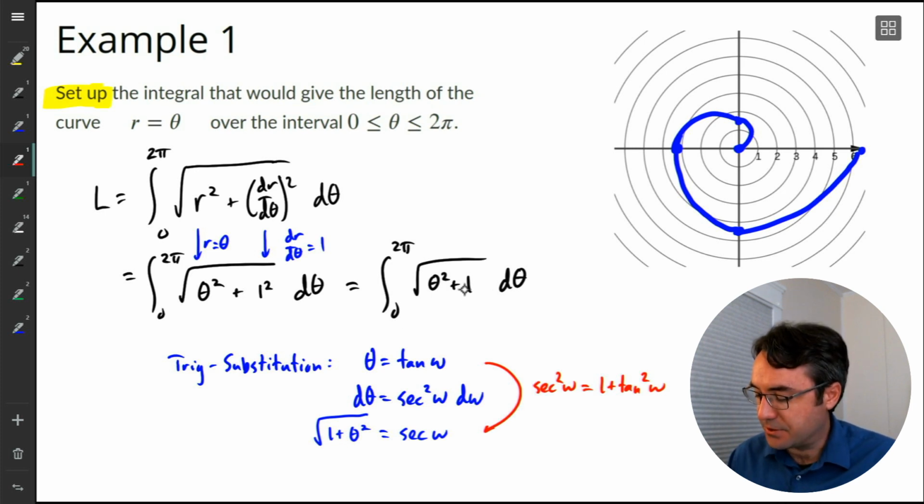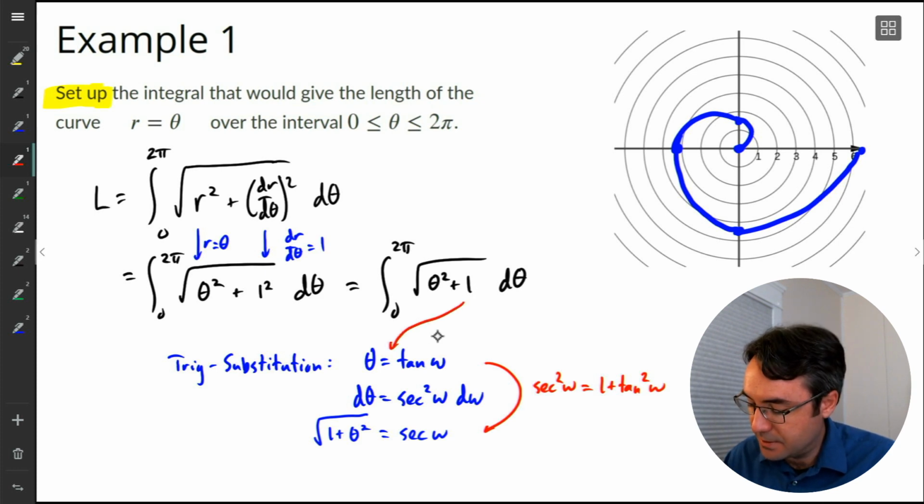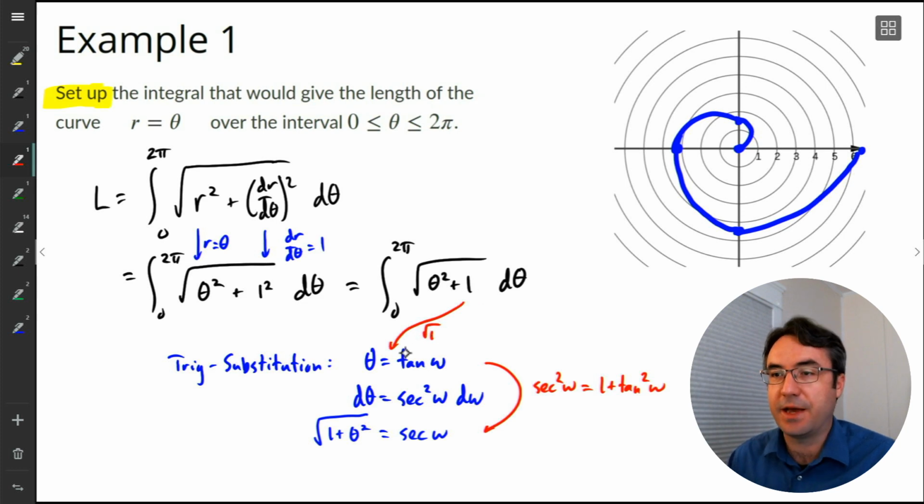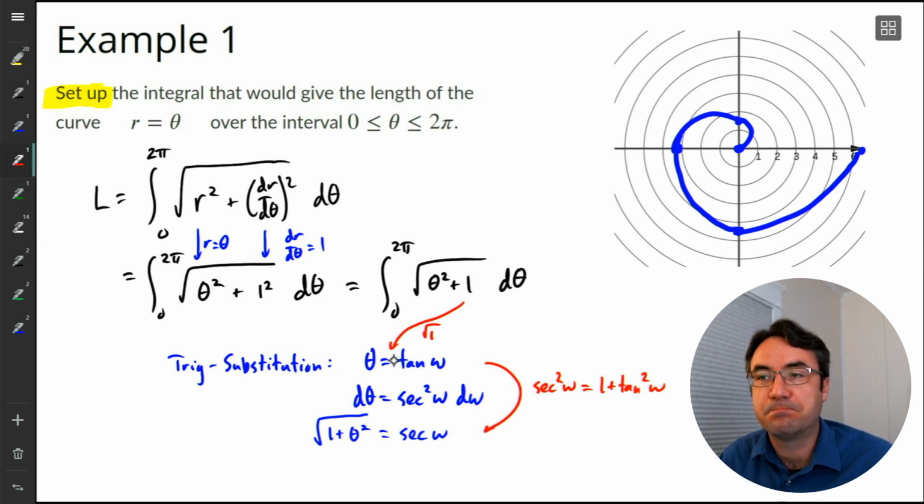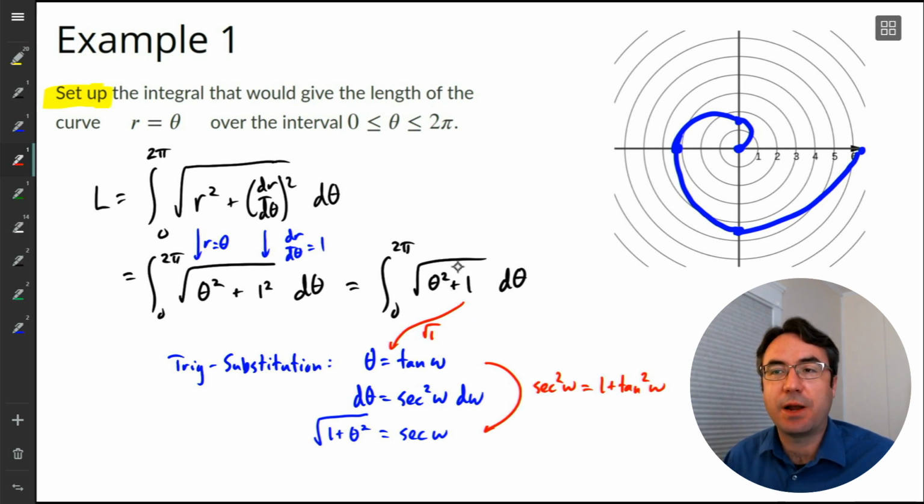Normally there's a constant in front of our trig value, related to the extra constant that we have here. Normally the trig substitution is a times tangent, and the a value is just the square root of the number here. The number that goes in front is the square root of that, and square root of 1 is 1. All right, so this is how you would finish this problem off. But we got the integral set up.